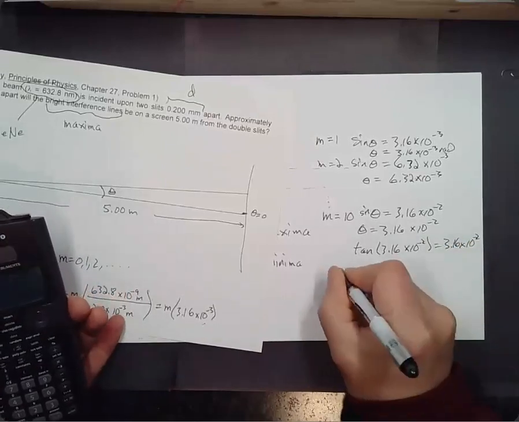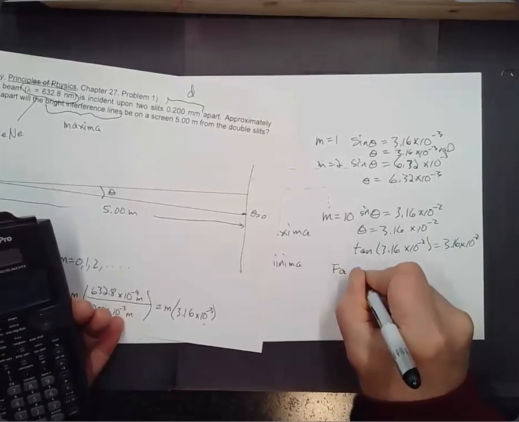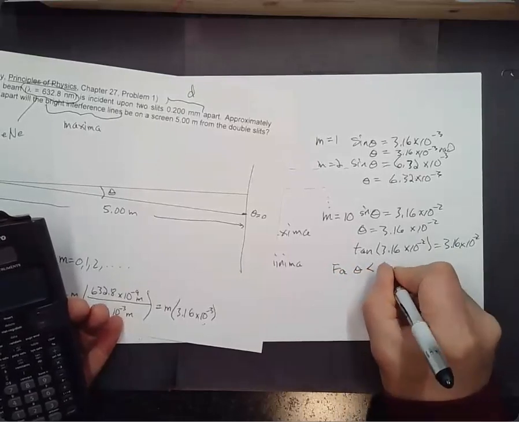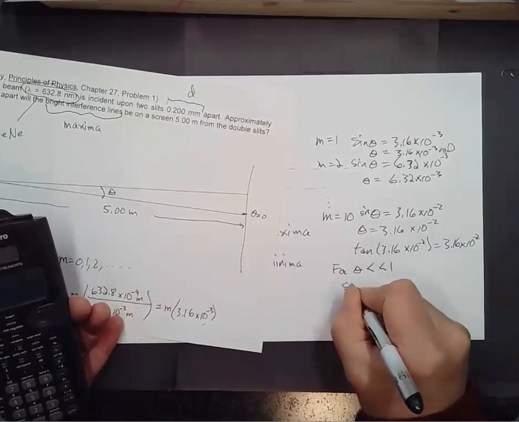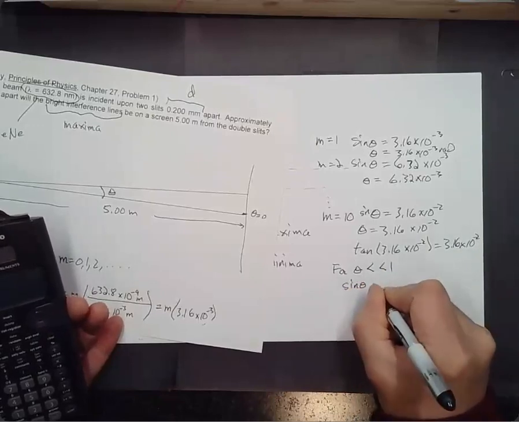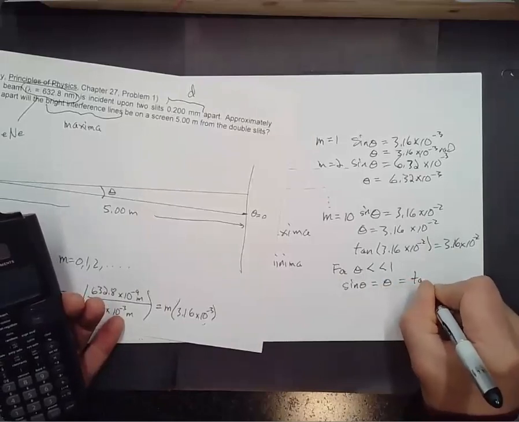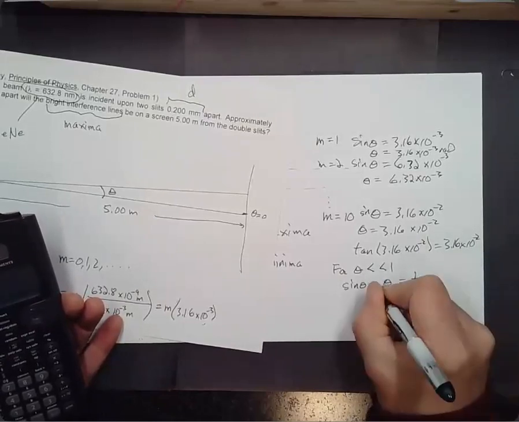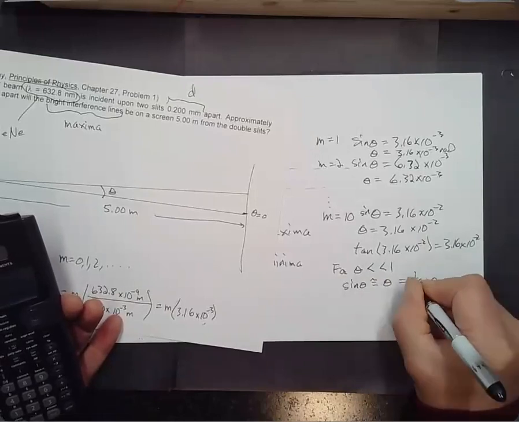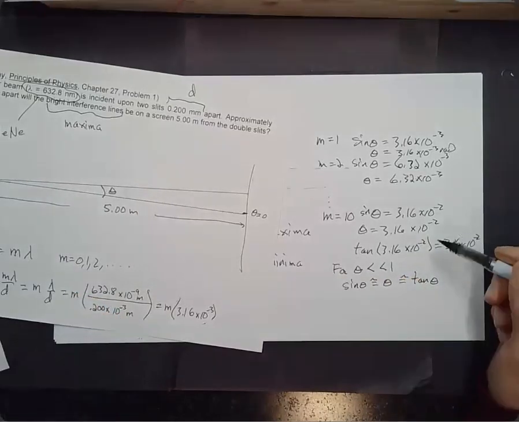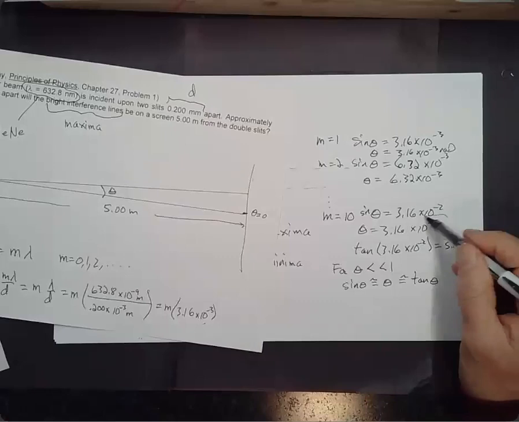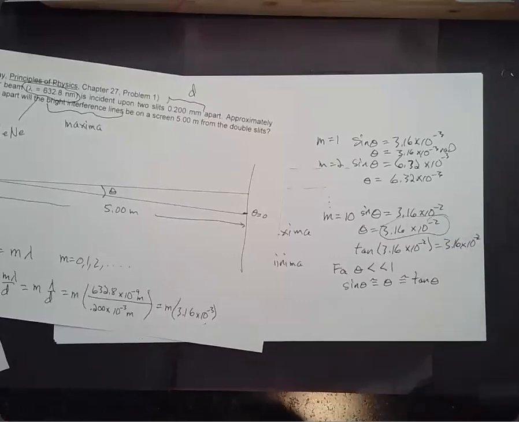And here's the thing. For theta much less than 1, the sine of theta is approximately equal to theta, as is the tangent of theta. It's certainly true to 3 significant figures out to this value here. And so we're going to be okay.